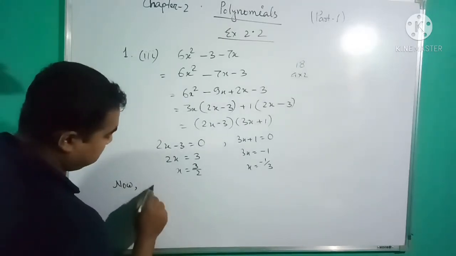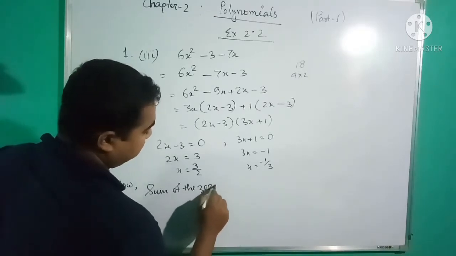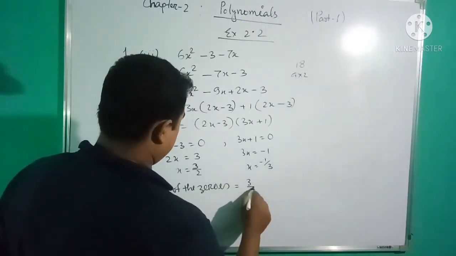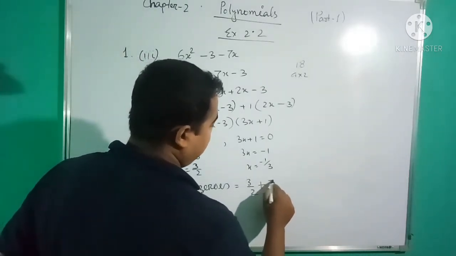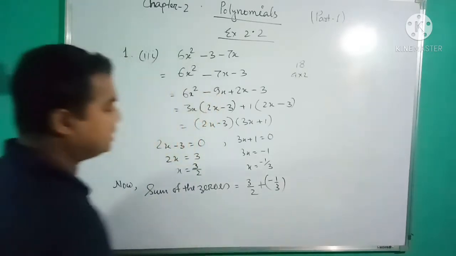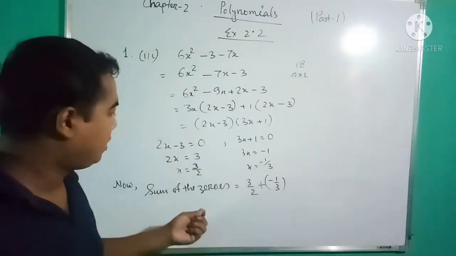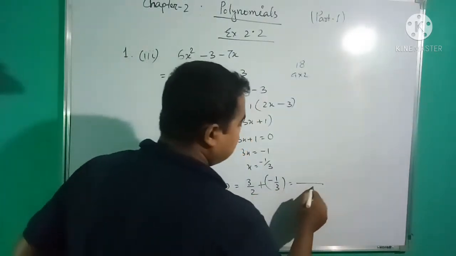Now sum of the zeros equals 3 by 2 plus minus 1 by 3. First is 3 by 2 and the second is minus 1 by 3. Okay, add the zeros. Then see, the LCM of 2 and 3 is 6.